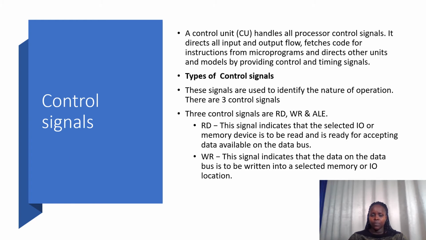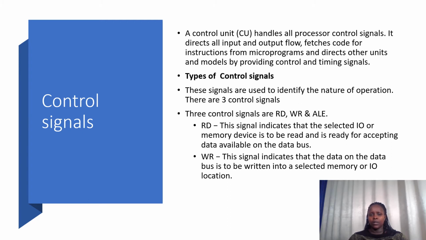So at that time, this signal will show the CPU which data to be read, which memory to be read, so data will be retrieved from that area. And if the input-output unit is selected, it has to show which input or output part is needed. It is used to show whether an input-output unit or a memory device needs to be read.